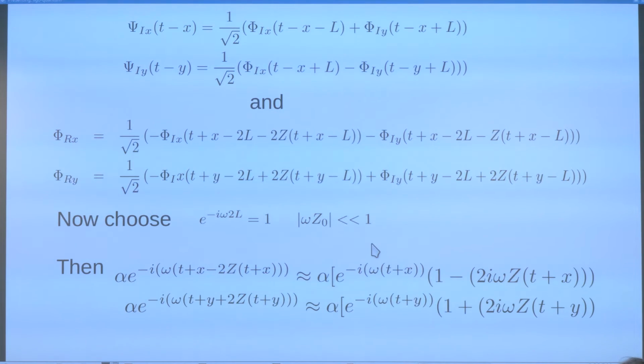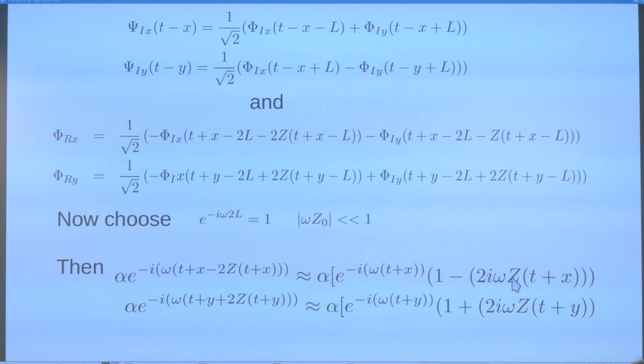Well, one now can go through all of the mathematics in order to solve these equations. So this is the reflected wave. It has this term in here. L is the length of the interferometer, which you tune to be 0. Z is the location of that mirror, and you stick a very small Z on that so that the two legs of the interferometer aren't exactly the same length, and so a little bit of it goes out the dark port.